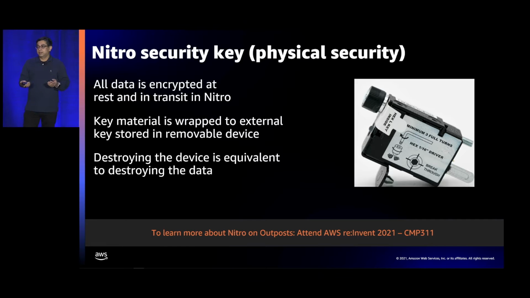Nitro Security Key allows us to extract the encryption hierarchy in one central place and then externalize it. So what it does is that typically when you have the rack or the server being decommissioned or you're replacing the servers, and data residency is of paramount importance to you, it's a cumbersome process to make sure that each drive's data is being destroyed properly, which makes it a challenge when you have a rack or cluster of servers that need to do it over and over again.